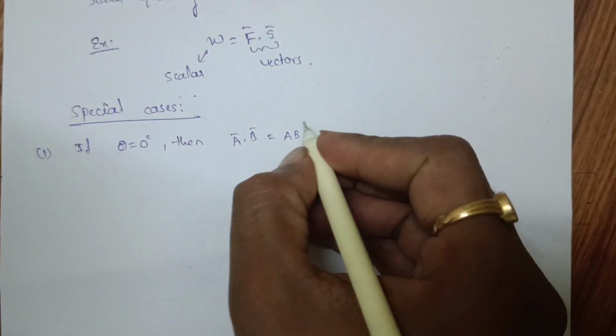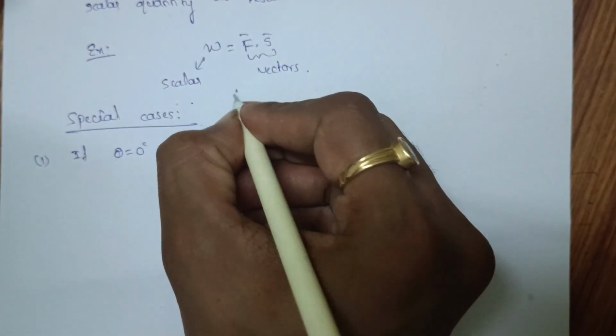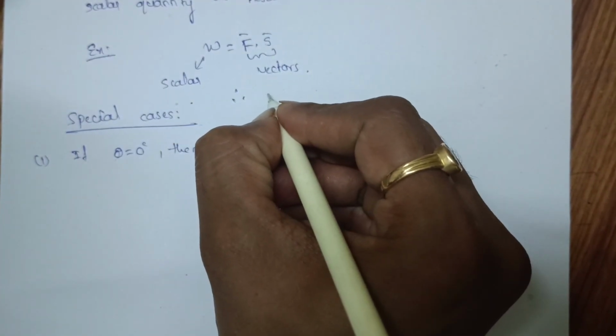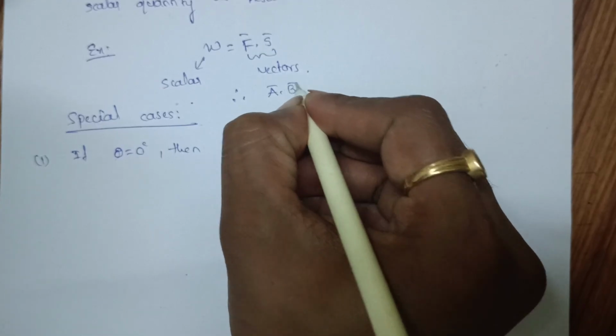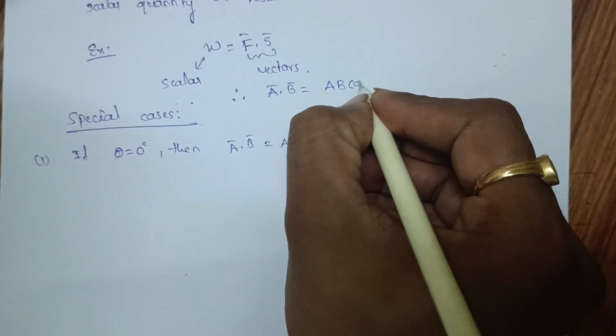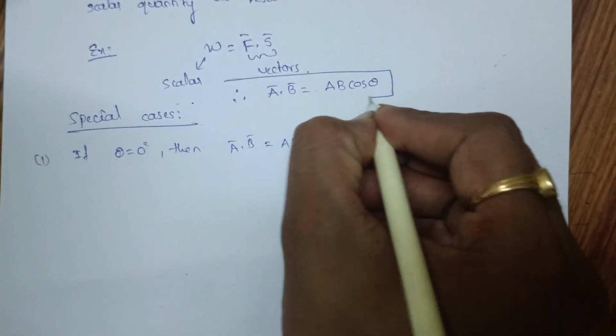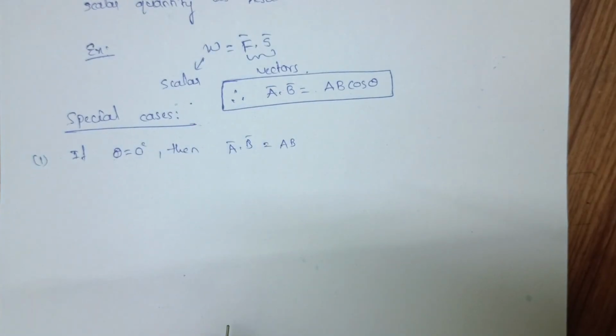And here I forgot to tell you one point. Therefore, scalar product represents as A dot B is equals to AB cos theta.